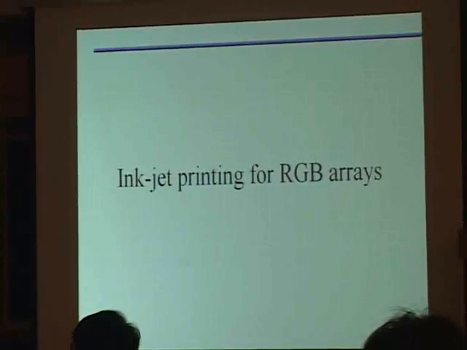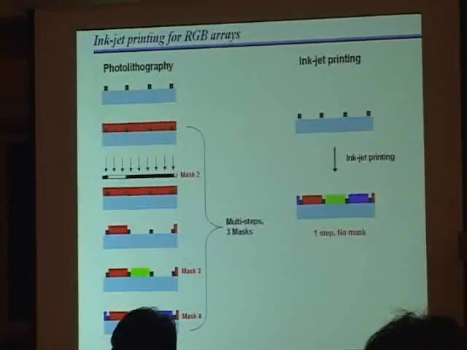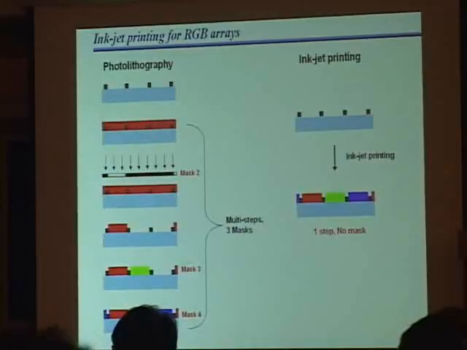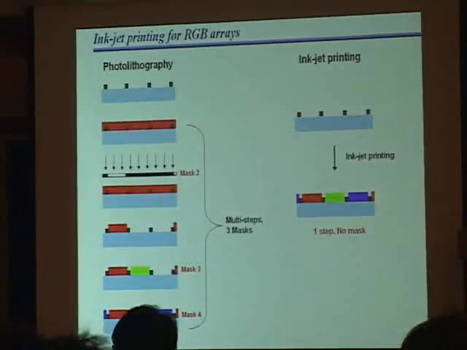But from now on, let me talk about the inkjet printing of RGB arrays. Initially, I intended to present full color displays, but due to some unforeseen circumstances, here I'm going to present only one color printing.